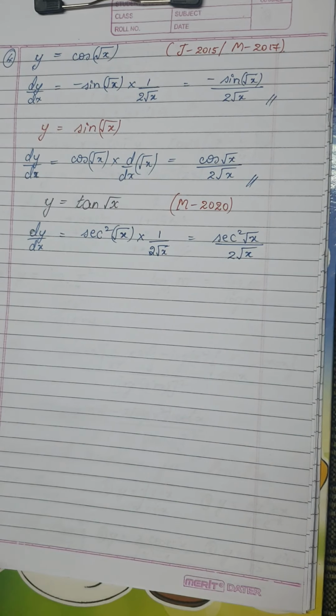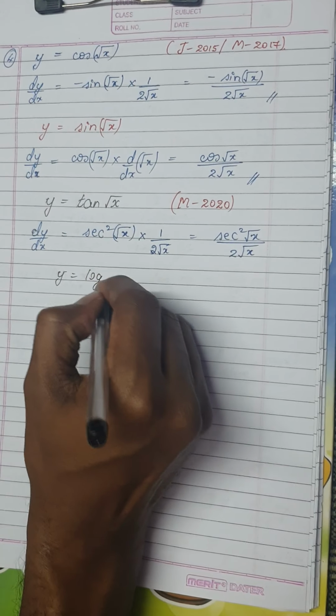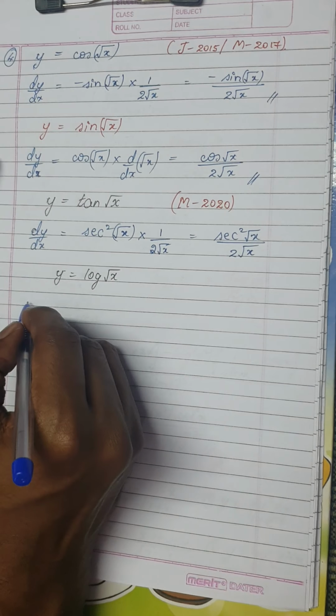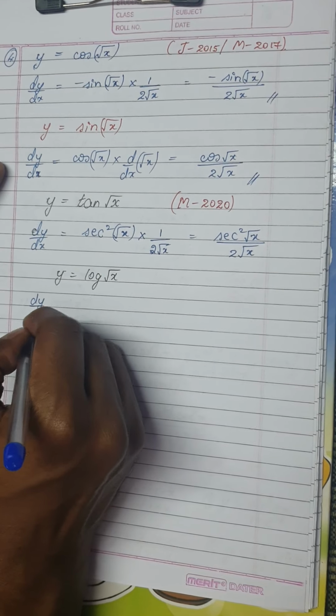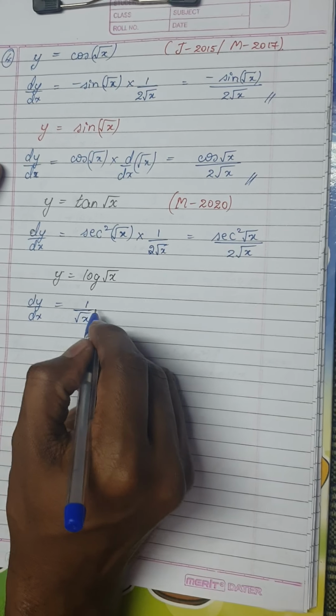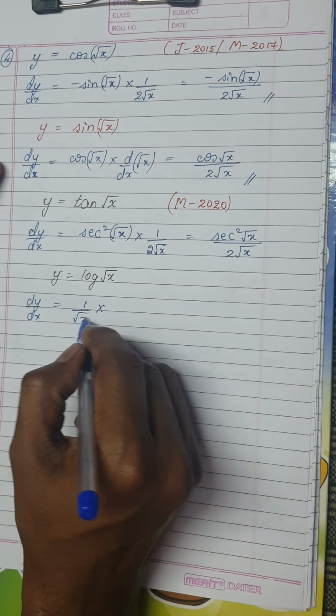In case they ask you to find, if y is equal to log of root x, then what will you do? Remember, dy by dx is nothing but the derivative of log, which is 1 divided by x. So now differentiate root x.